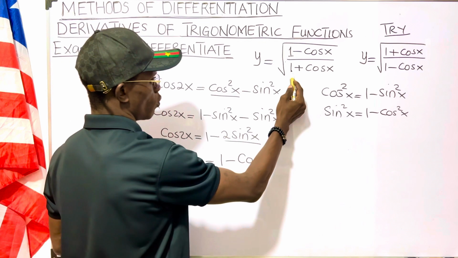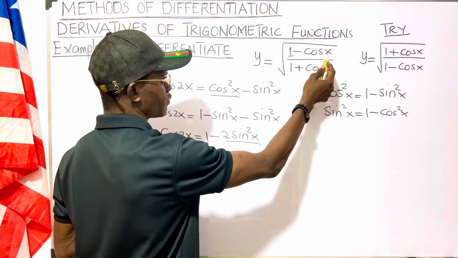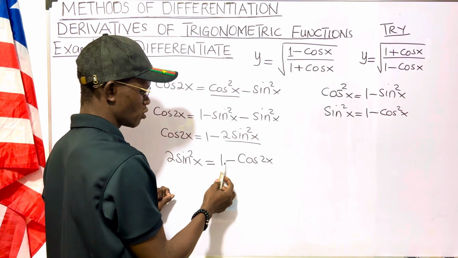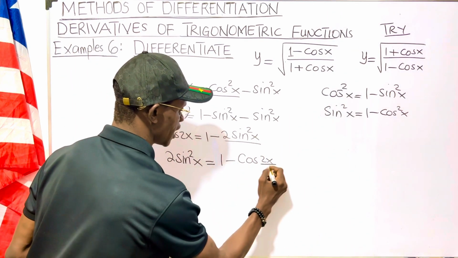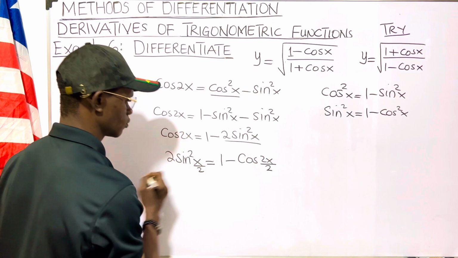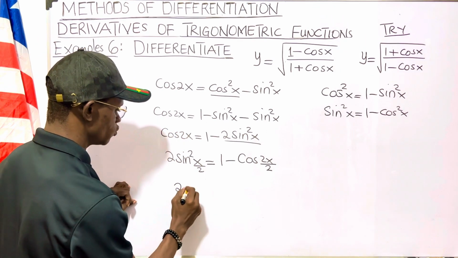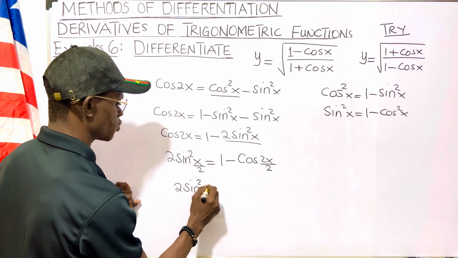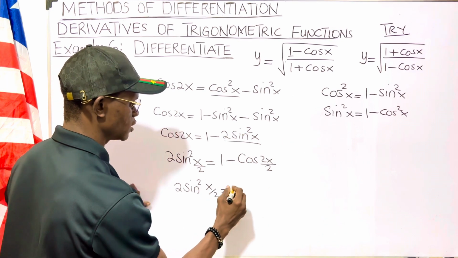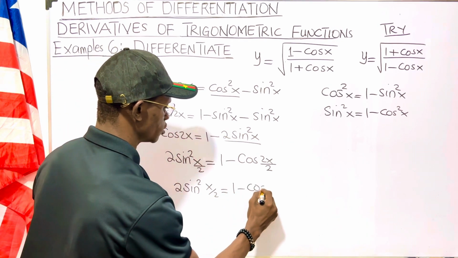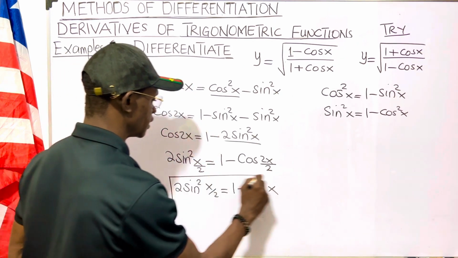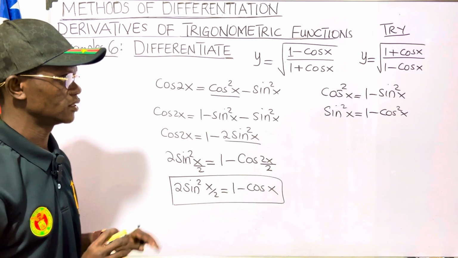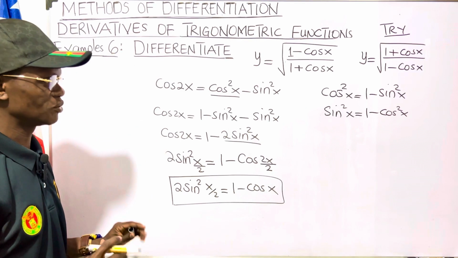But here is 1 minus cos of x, and this is 1 minus cos of 2x. So to get rid of this 2, we can divide each angle by 2. Therefore, we will have 2 sine square x over 2 equal to 1 minus cos of x. So this is the first identity we want to use. It's very simple to do.